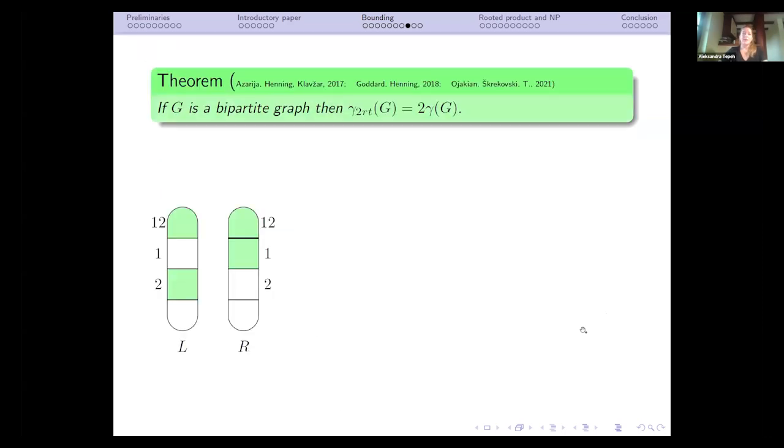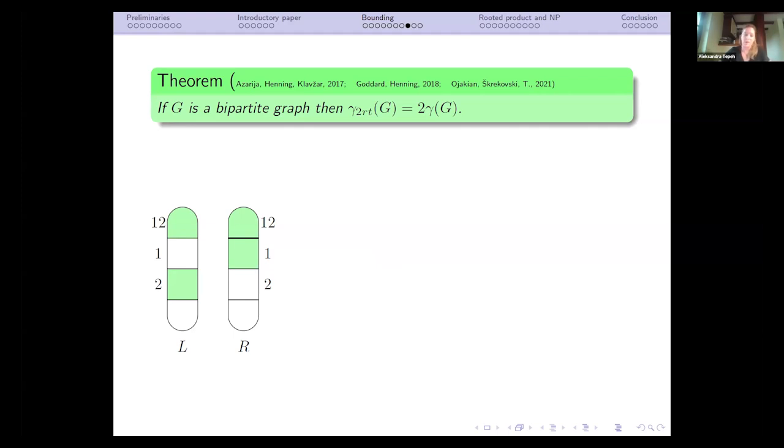Okay, I would like to get your attention back to this result we saw before. As I said, it was originally proved by Azaria, Henning, and Klavžar in 2017. Their proof involves hypergraphs, and it has 2 pages.